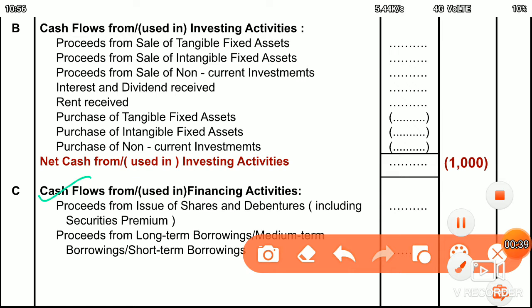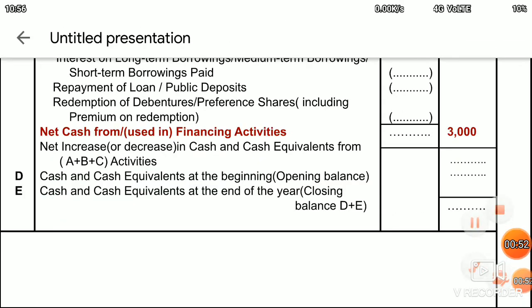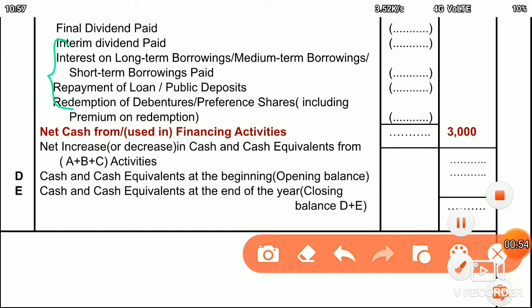Part C of the statement shows the cash inflows and outflows from financing activities. After the detailed presentation of the inflows and outflows of cash from financing activities, the net cash inflow or outflow will be shown as net cash from financing activities if it is a positive figure, or net cash used in financing activities if it is a negative figure.